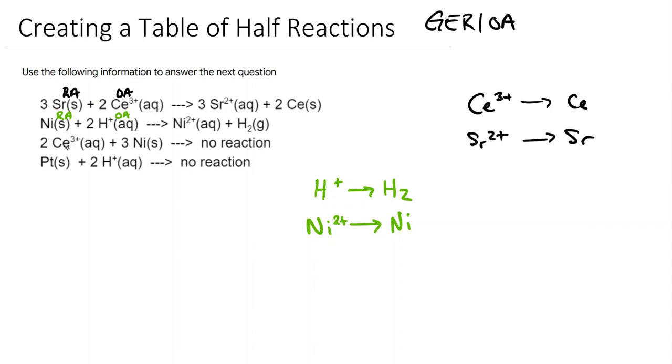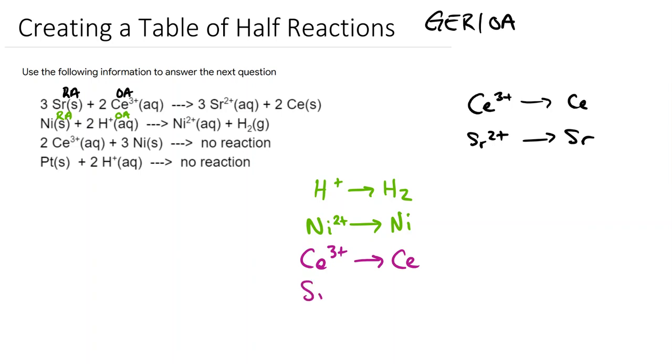Cerium 3 plus is non-spontaneous to nickel solid. So let's find nickel solid. Cerium 3 plus is non-spontaneous. That means cerium 3 plus has to be below nickel. Would you agree? And what else is below cerium?